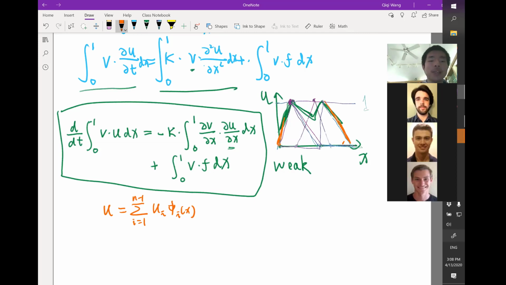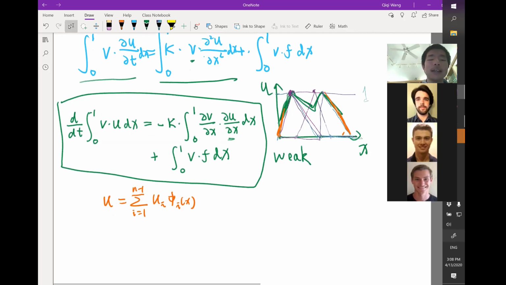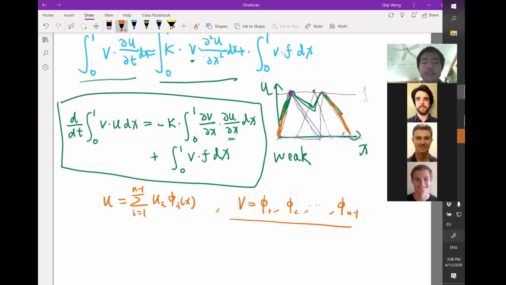Okay, so we represent u to be that, and v can be equal to phi 1, phi 2, etc., phi n minus 1. So by choosing the n minus 1 different v's, we get n minus 1 different equations. And u is always represented as the linear combination of the same n minus 1 unknowns, right? So we get n minus 1 equations for solving these n minus 1 unknowns.